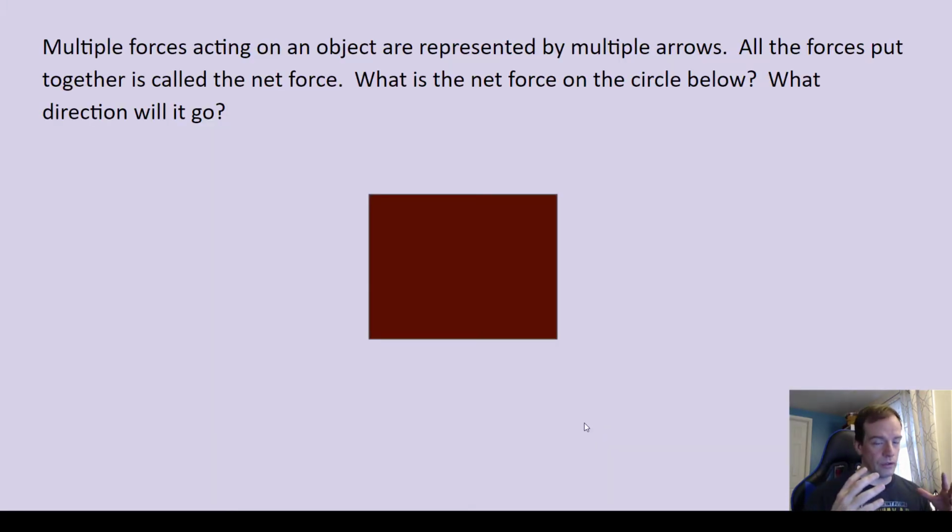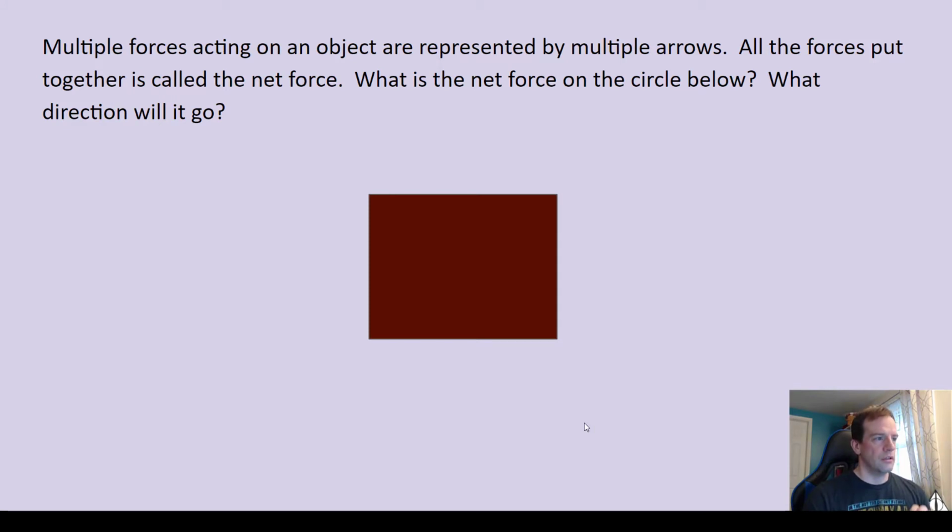Now, if we have all these forces acting on an object, we can look at what's called the net force. Overall, what might that force be? More often than not, there are a lot of different forces acting on objects that we have to consider when looking at how it might change its motion so we can predict what will happen.